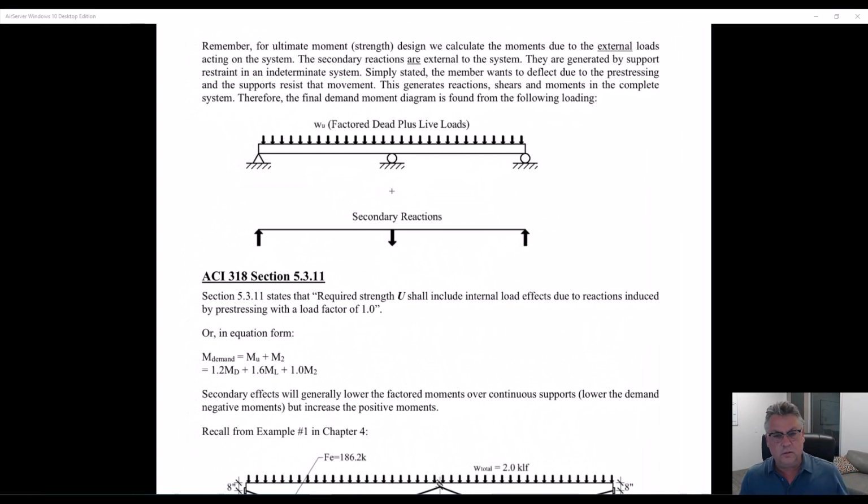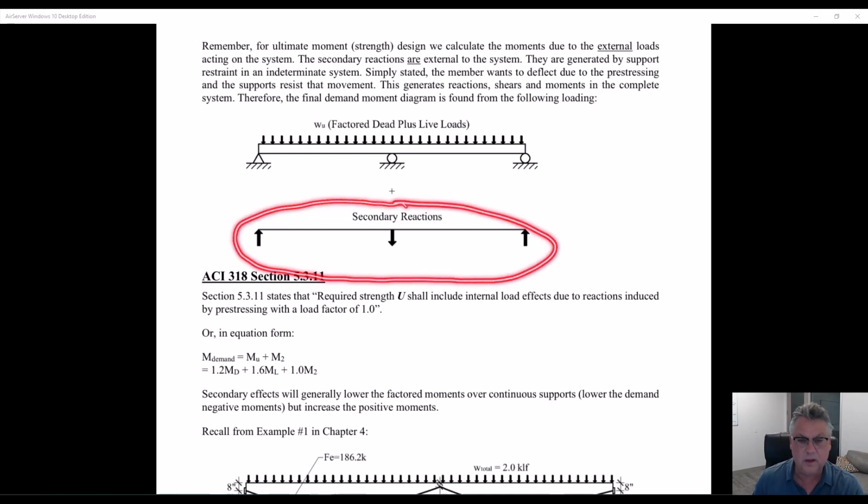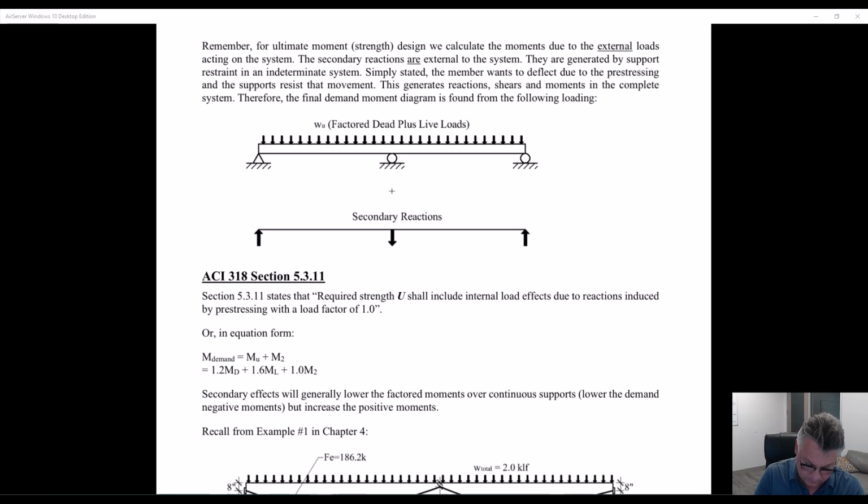So if you're thinking in terms of load case, this is what the code is actually telling us we have to do. We must, according to the code, include the secondary moments. In fact, that part is right here: required strength shall include internal load effects due to reactions induced by pre-stressing with a load factor of 1.0.